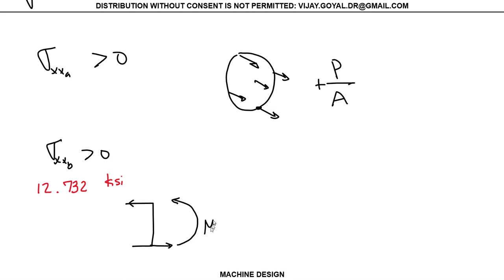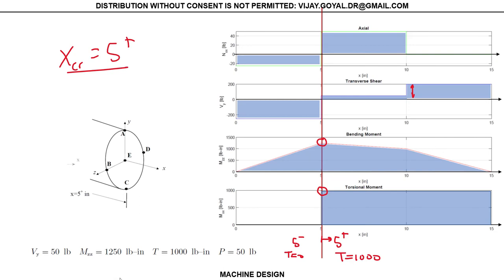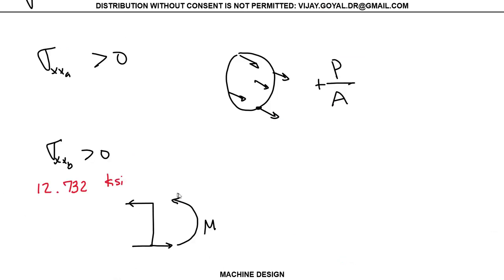Remember, your moment was positive. You have to look at your moment value. Your moment was positive, so this is your sign convention. This gives you a positive value, but you have to look at your moment. It's actually giving you just the magnitude.